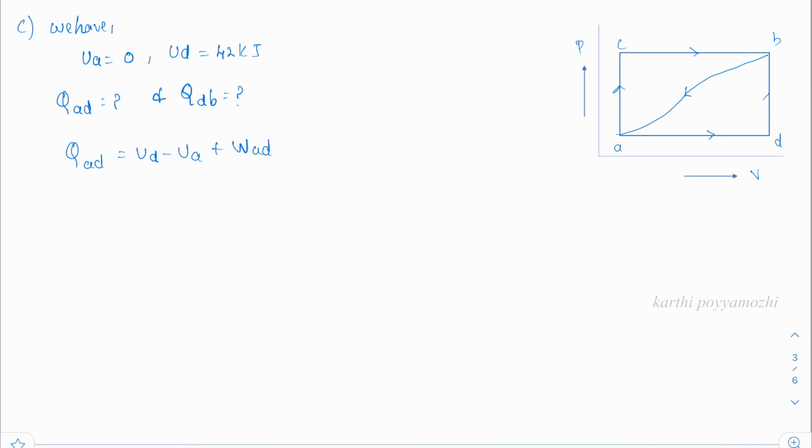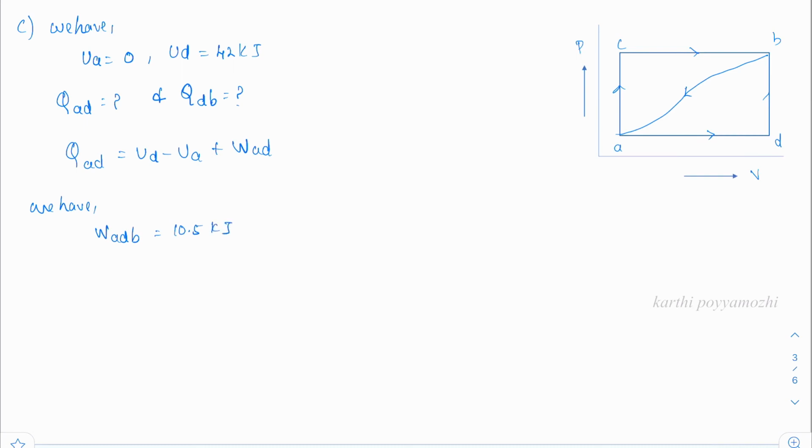But we can find the value of WAD by using the work done along the path ADB, which is equal to 10.5 kilojoule.